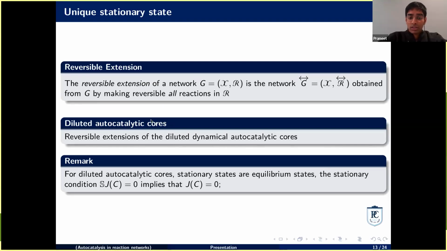So given these, we went on to examine what the stationary states of these reversible extensions are. These extensions give an idea of which direction the system is growing in. There's growth, of course, but once the system grows enough, the concentrations will be enough that the reverse reactions of the one-to-many reactions come into play, and they go towards a specific stationary state, which can be one or many, which is the point of the investigation.